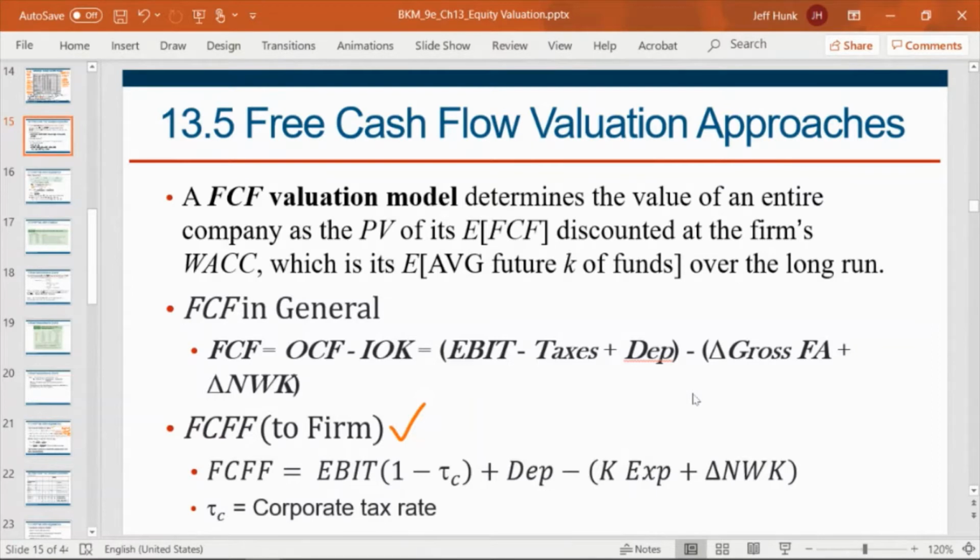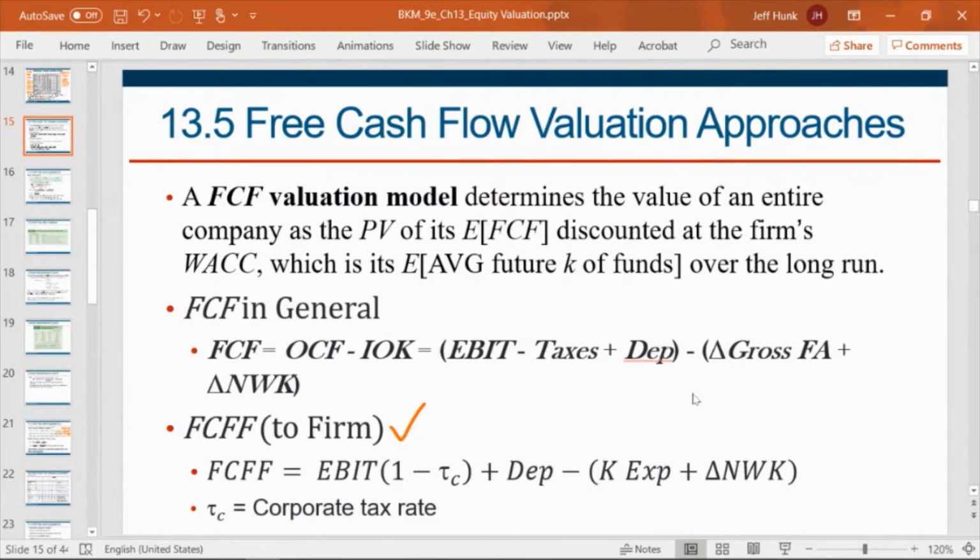But why do we use the free cash flow model? Well, you all know very well that the dividend discount model has a limitation. What kind of limitation? If the company doesn't pay any dividend, how do you value such a company?